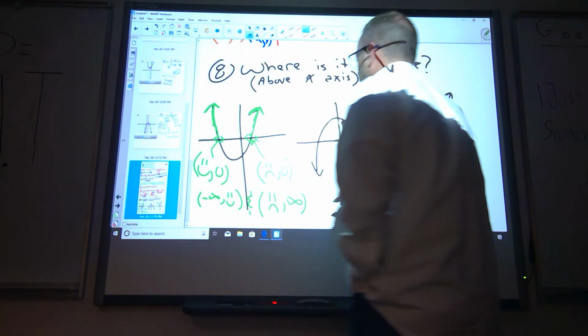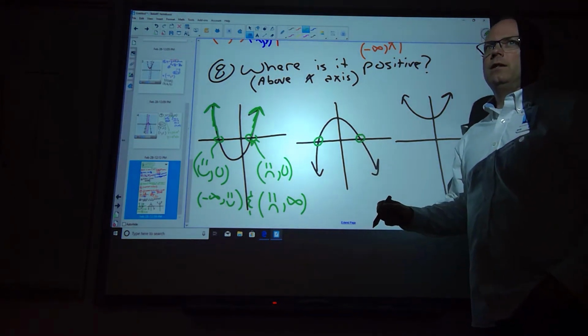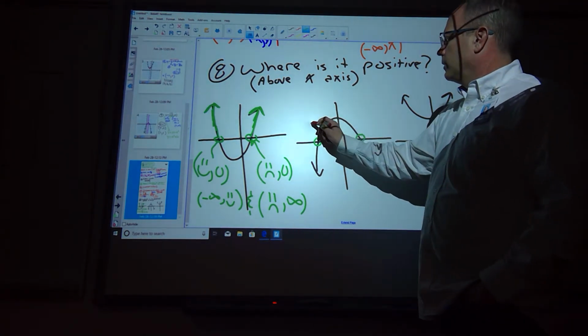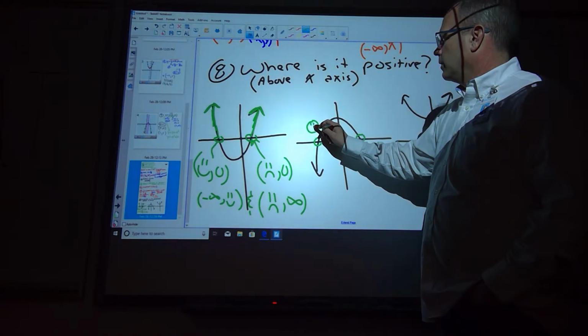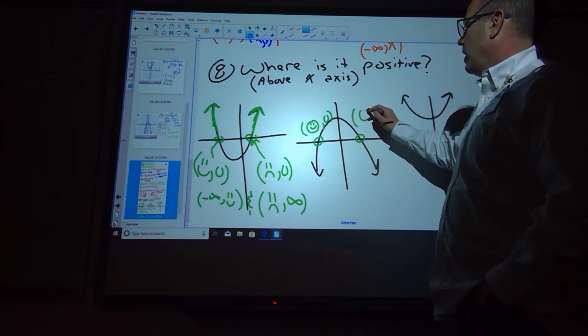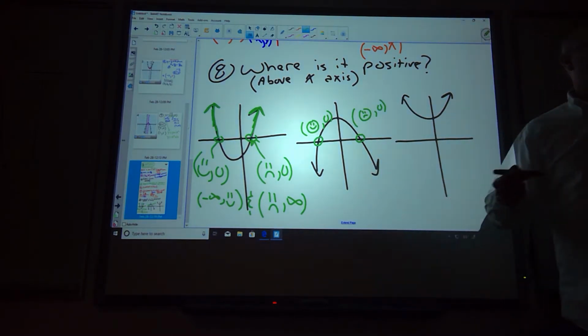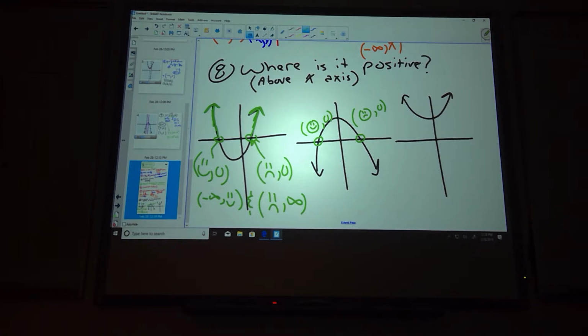But what about this one? It crosses the x-axis here and here. So let's make this a round smiley face, comma 0. And let's make this a round frowny face, comma 0. So where is this one positive? Where is it above the x-axis?